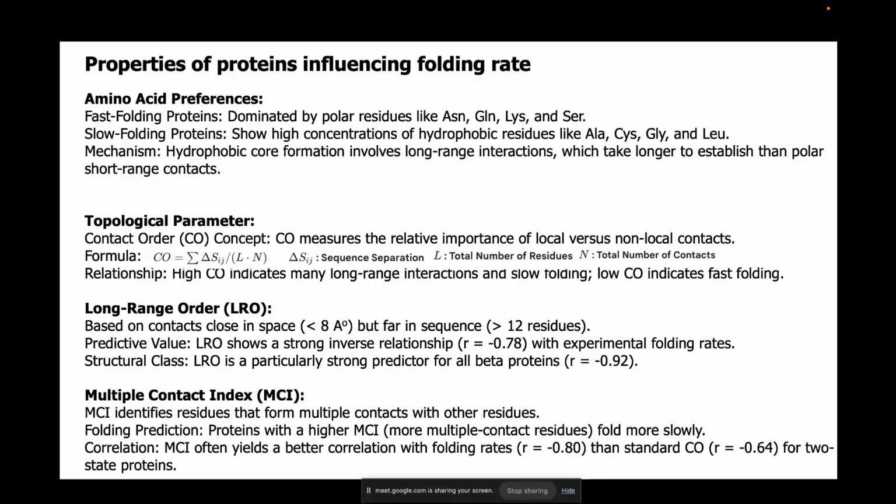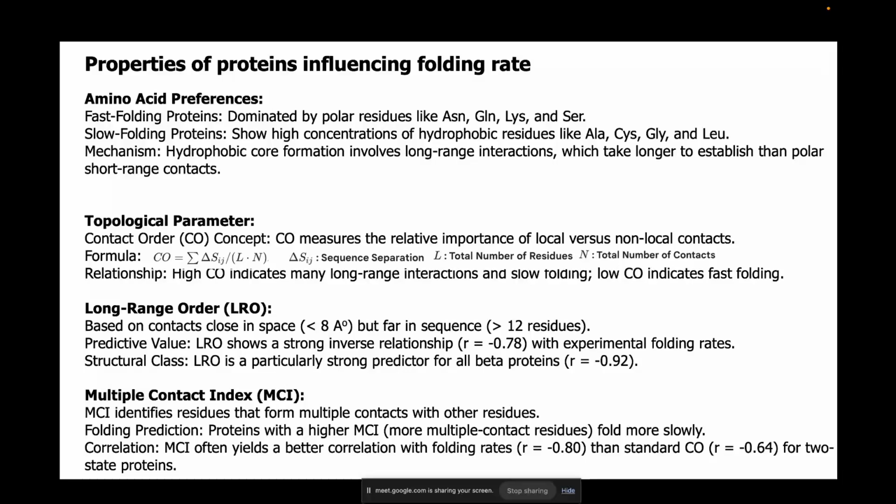And the third thing is basically what we were saying, long range order. We have discussed this in quite some detail in earlier classes. Basically, it is defined as the contacts which are close in space but far away in terms of the distance between the two residues.